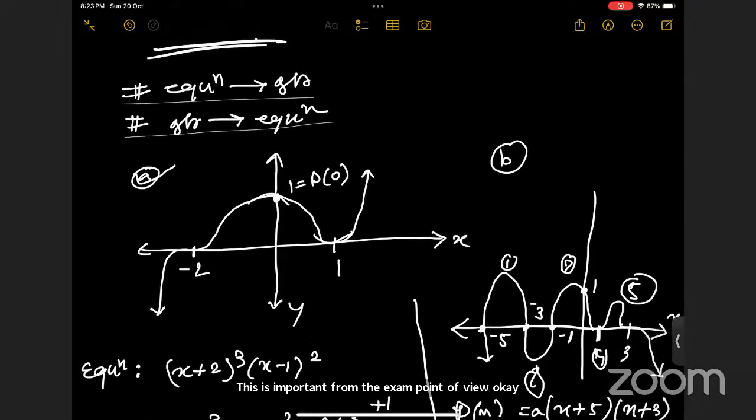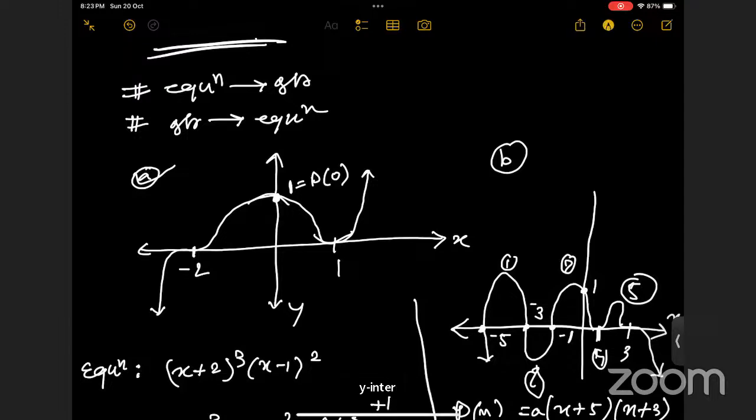Ma'am, why had you put p of 0 equal to 1? Because the y-intercept is 1, given here. If the value were 2, then we would set it to 2. So it will change according to the y-intercept. P of 0 means the y-intercept.